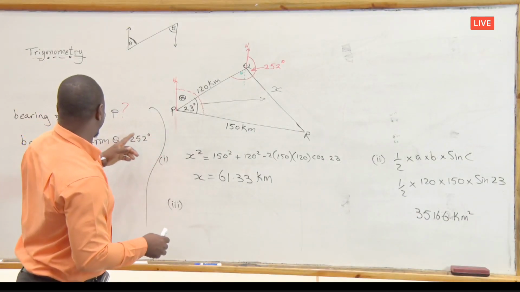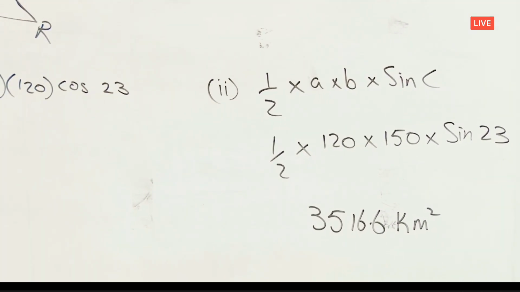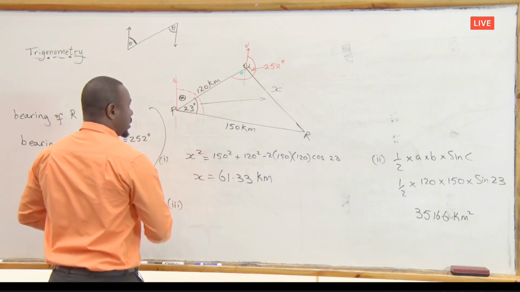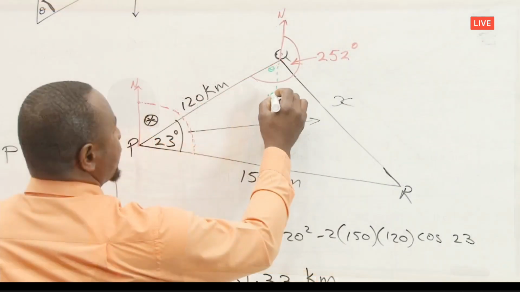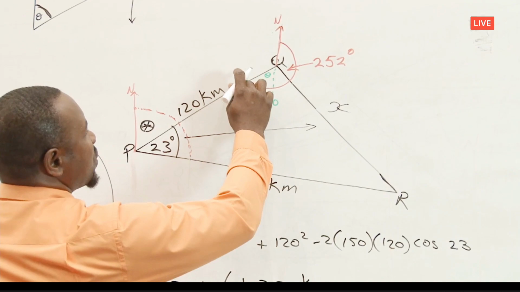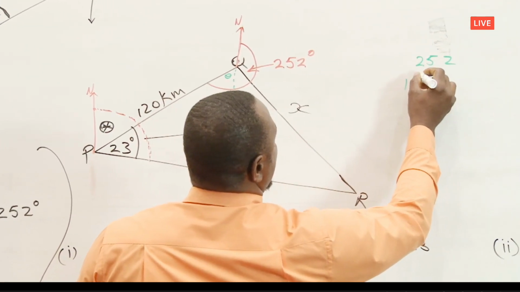And for the bearing of R from P, we can appreciate here that at this point it's 180 degrees. If the entire bearing was 252, then I take 252, subtract 180.